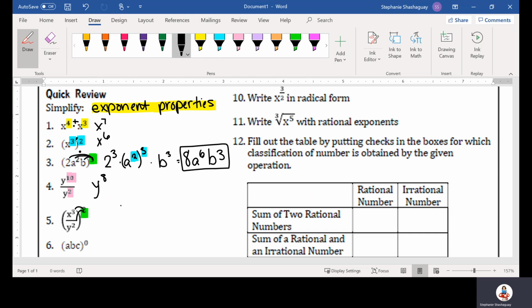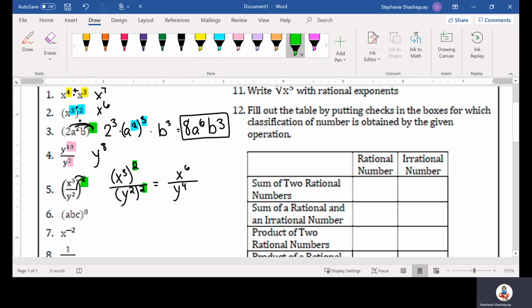So x cubed is going to be x cubed to the 2 power over y squared to the 2 power, which equals x to the power of 6 over y to the power of 4. Make sure that you're distributing that exponent to both terms inside the parentheses.